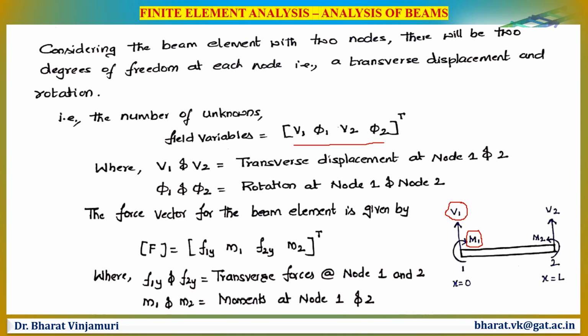Similarly, there are 4 different forces which we will be considering, 2 at each node: the shear force and the bending moment at node 1, and the shear force and bending moment at node 2. So F1y, the 1 exclusively denotes that the force is at node 1, and the 2 denotes the force is at node 2. That is how we will denote the bending moments. So these are the notations which we will be using throughout this entire session.